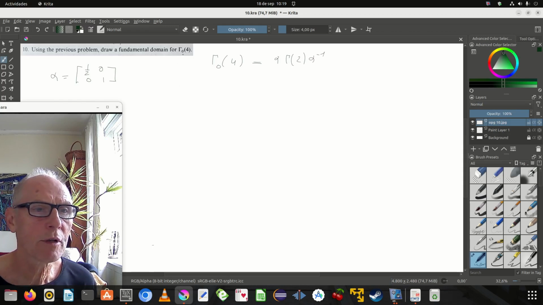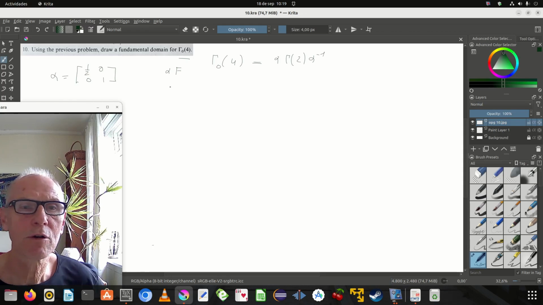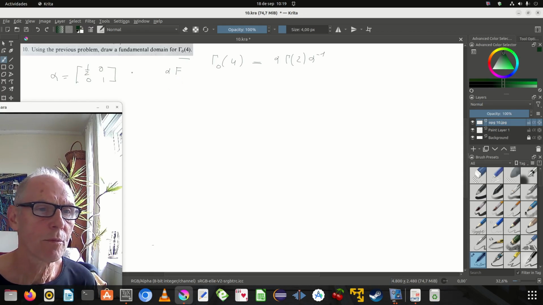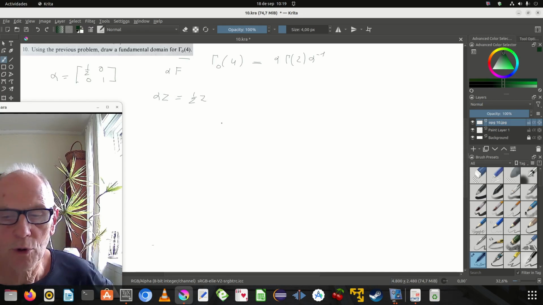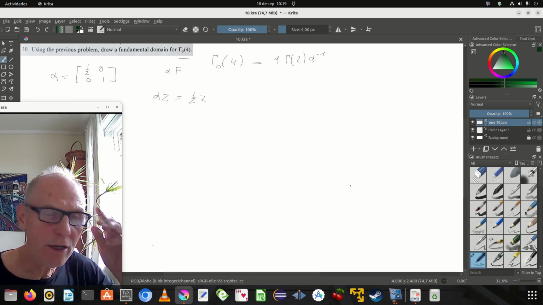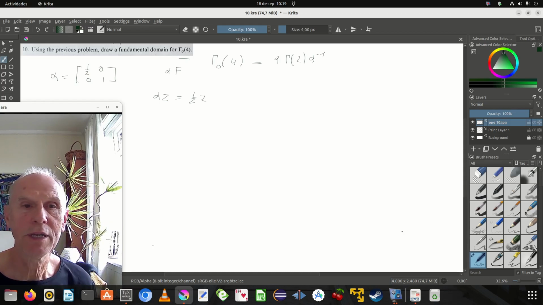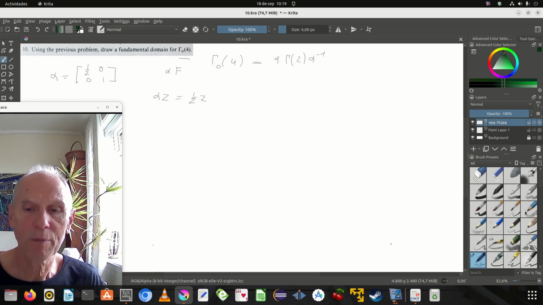So the fundamental domain of this guy is simply alpha working on the fundamental domain of gamma itself, and alpha works on set, simply putting it to set halves. So all we need to do is to take the fundamental domain of gamma 2 and then shrink it by a factor 2.